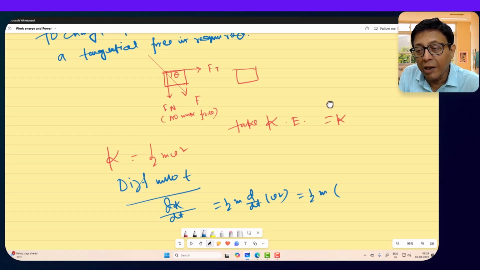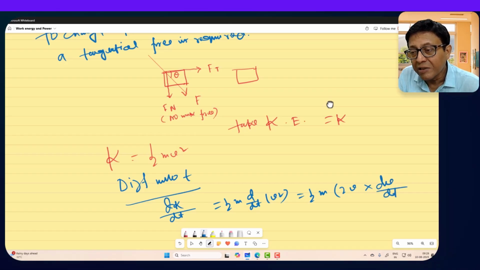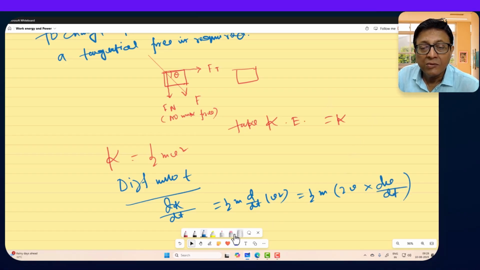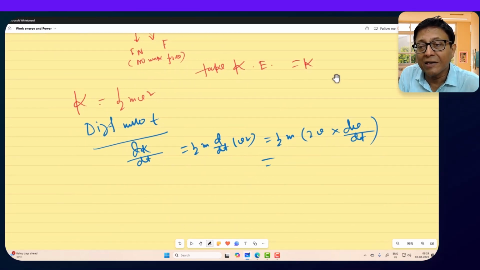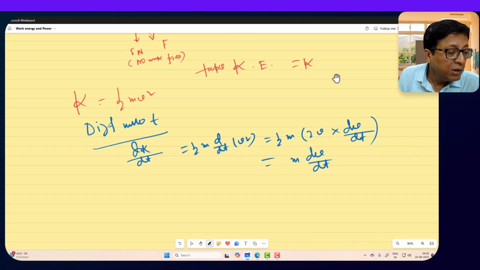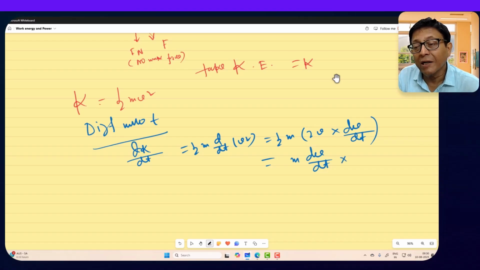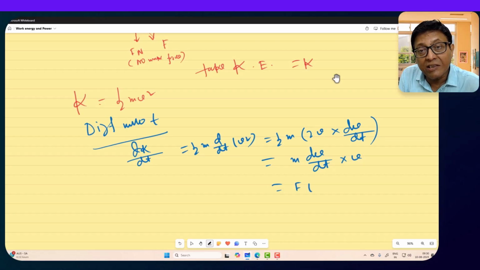This is half m 2v into dv by dt. Alright, so half gets cancelled, m dv by dt is force, and that force multiplied by velocity. This force is tangential force. We take it as Ft into V.